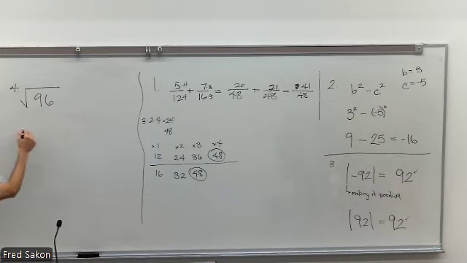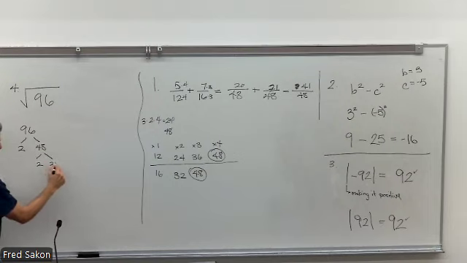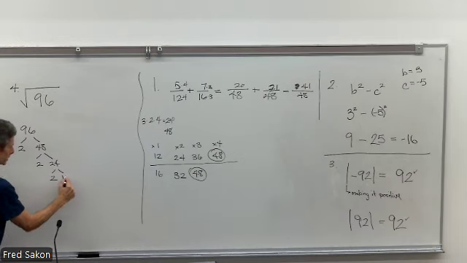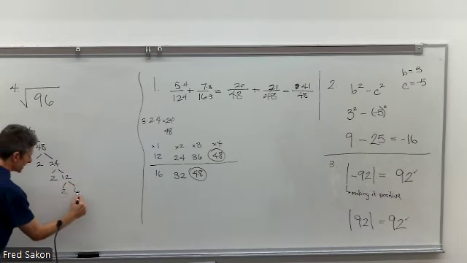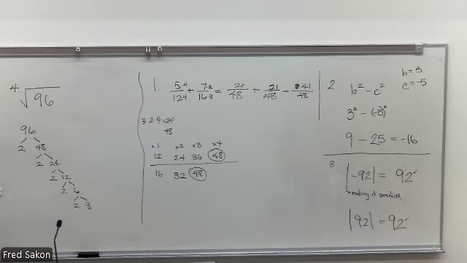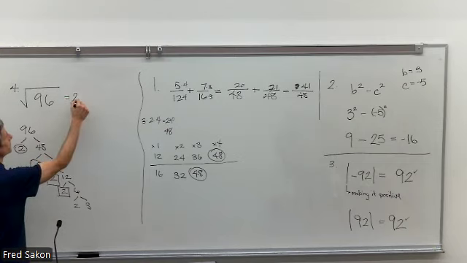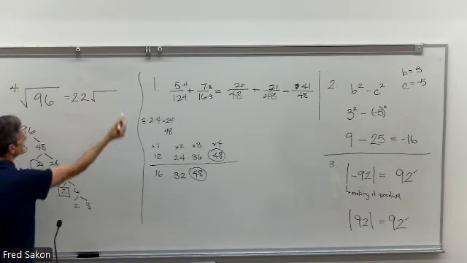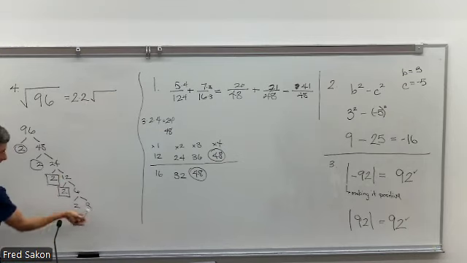And so start your process. 96 can be broken down as 2 times 48, 48 is 2 times 24, 2 times 12, 2 times 6, 2 times 3. Let's see how much we can pair off. 1, 2 pairs of 2s. They're coming out. 2 and 2. What's left in there? 2 and 3.